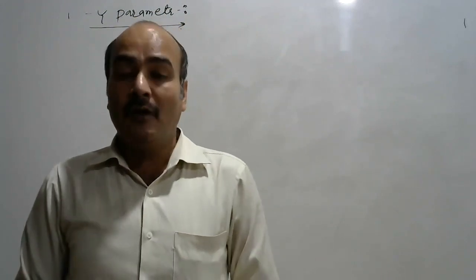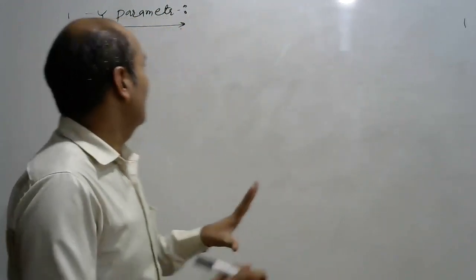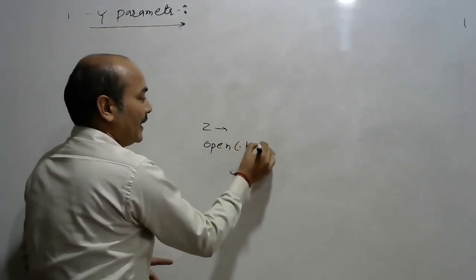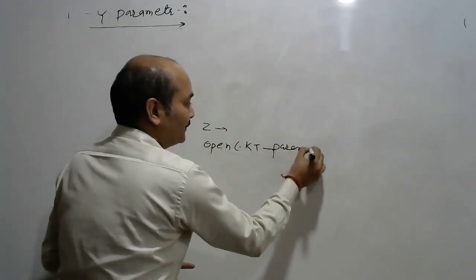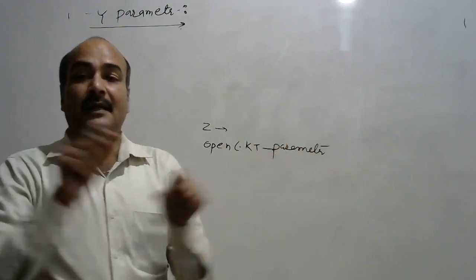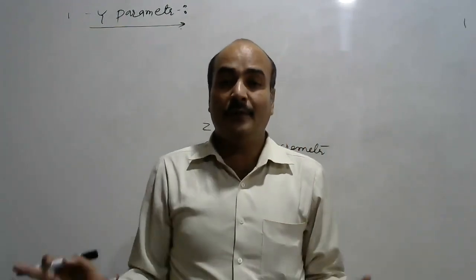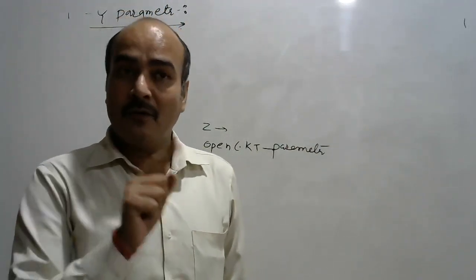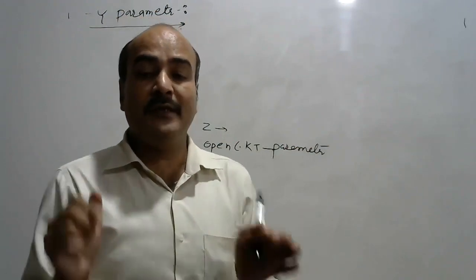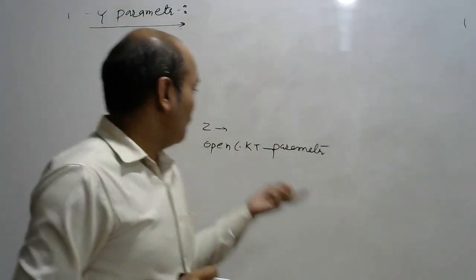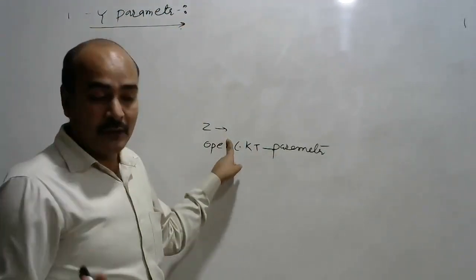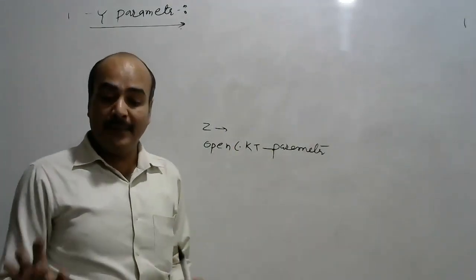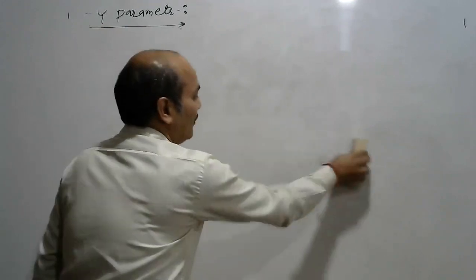So the Z parameter is also known as the open circuit parameter. The matrix Z, that is Z11, Z12, Z21 and Z22, is also known as the impedance matrix, because all of Z11, Z12, Z21 and Z22 represent impedances.